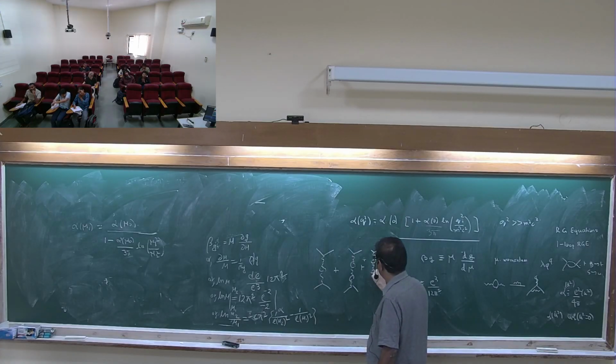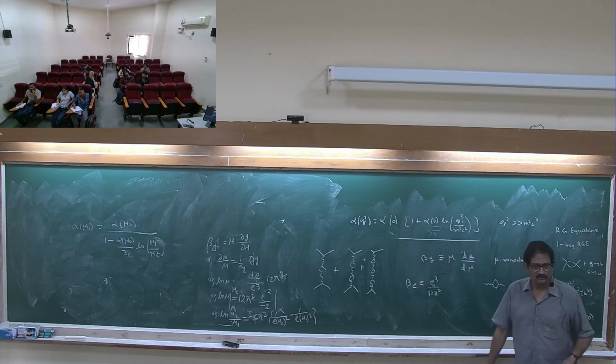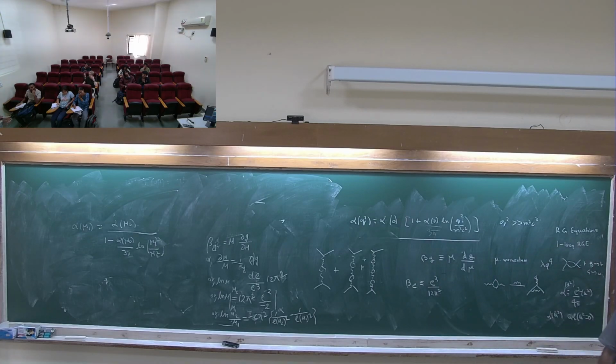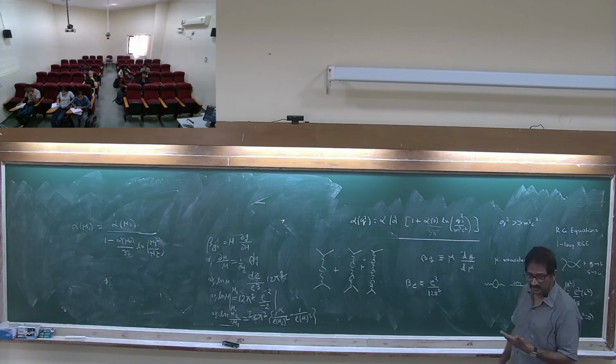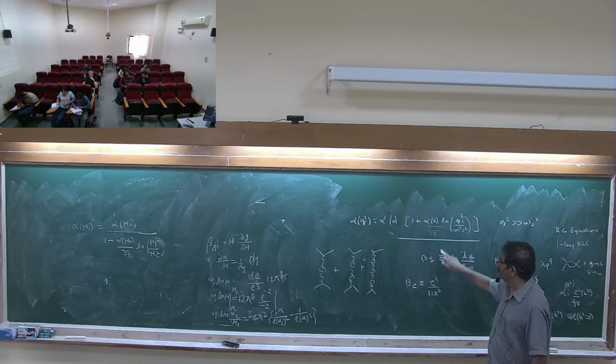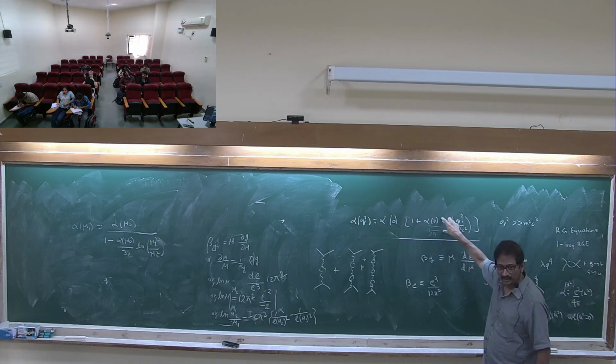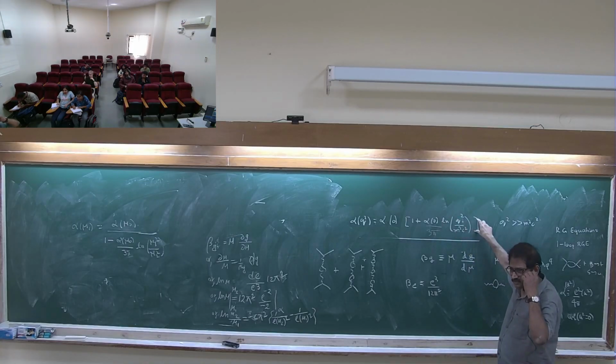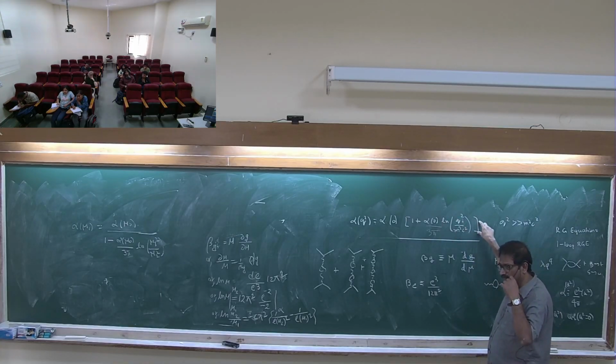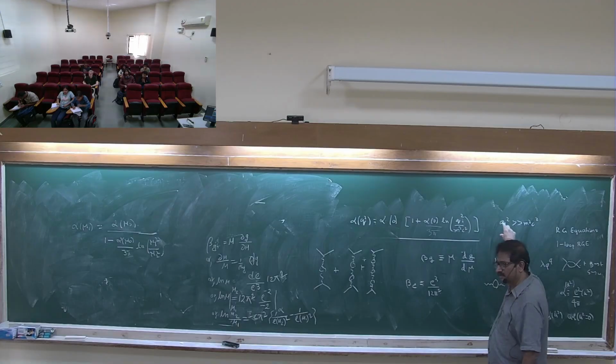Maybe it gets screened 3 times. And how many such times can it get screened? It can get screened an infinite number of times. The first time it gets screened is a term like this. The next time it gets screened, it's a square of this term. Then it's a cube of this term, etc., etc.